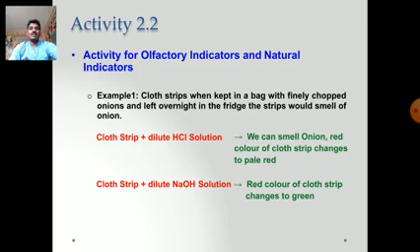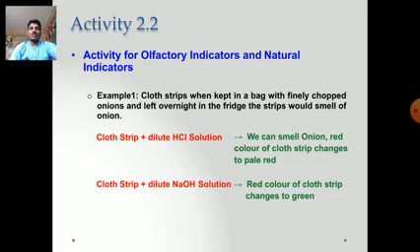Next, activity 2.2, an activity for olfactory indicators and natural indicators. For example, the cloth strips are kept in a bag with finely chopped onions and left overnight in the fridge, so the strips smell of onion.